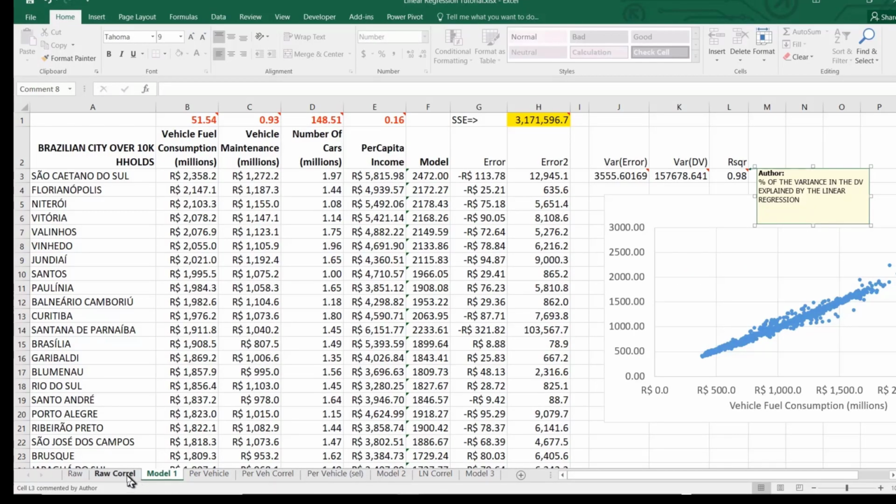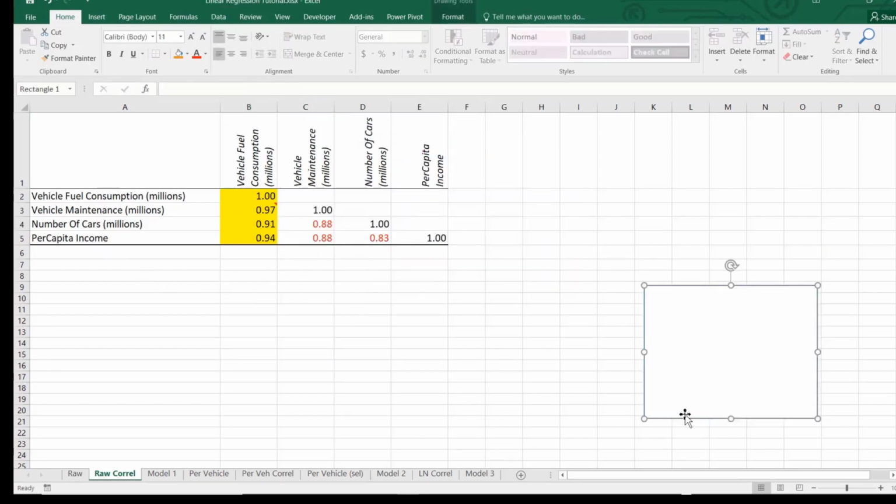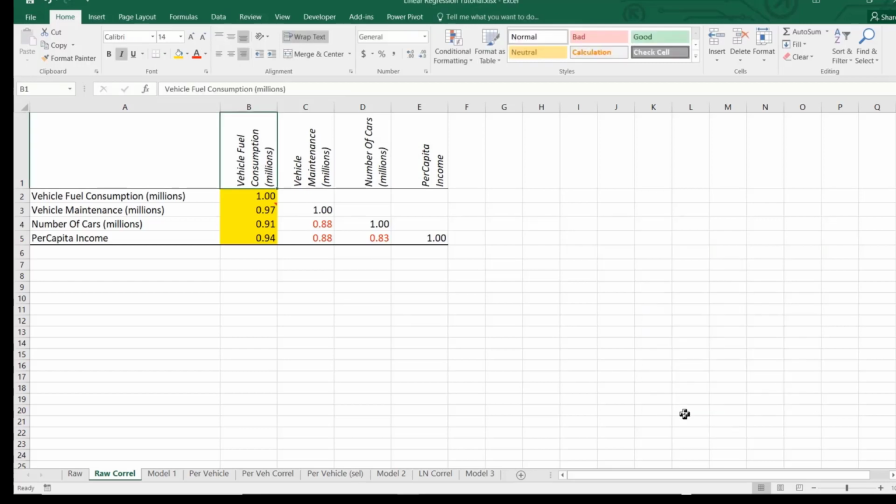Let's go back to our data that we were looking at before. And if you recall, we calculated the correlations among all the variables. And we were paying attention only to the correlations between the dependent variable, fuel consumption, and the predictors, vehicle maintenance, number of cars, and per capita income. But when you ask for the correlation, you also get the correlation among the predictors.